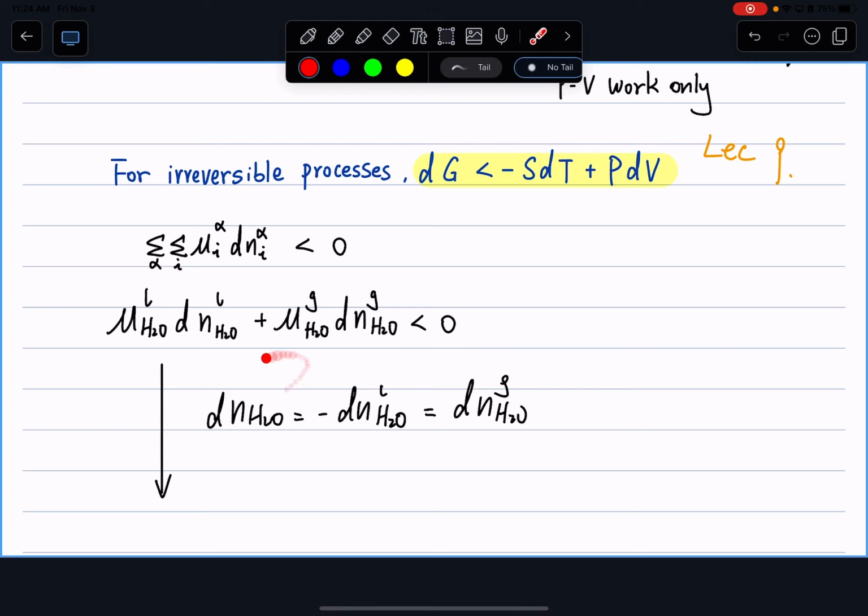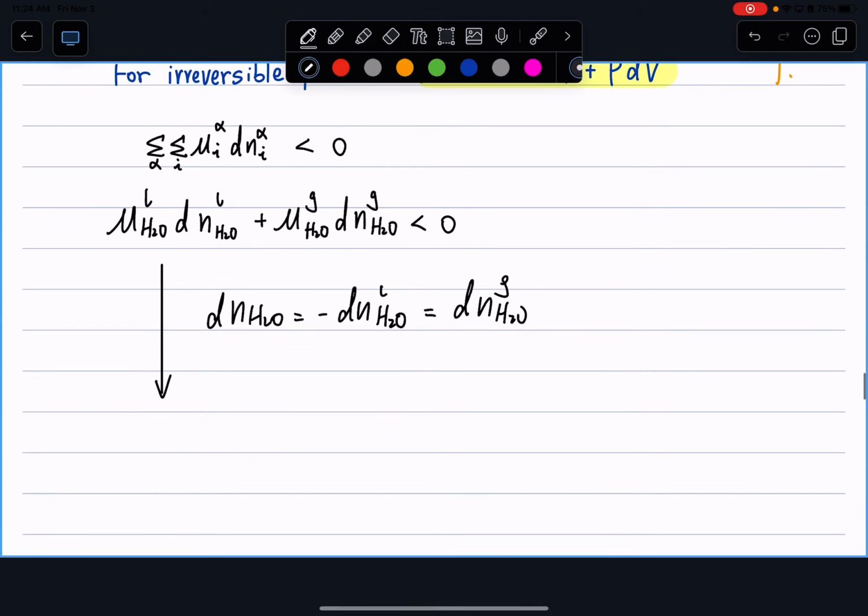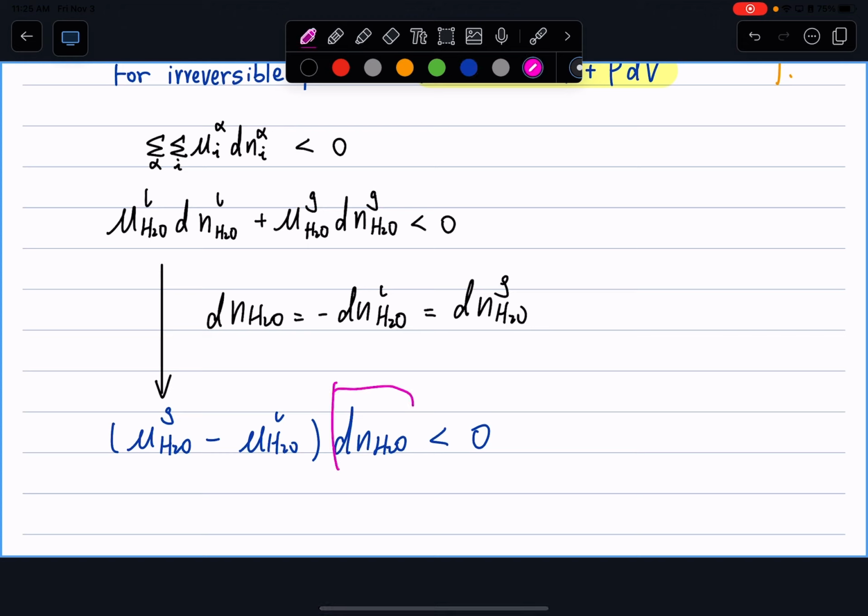And in this case, we can rewrite our expression as (mu H2O gas minus mu H2O liquid) times dN H2O, and this is going to be smaller than 0. In this process, we know that the change in moles of H2O in the gas phase is a positive number. So this term at the beginning must be a negative number.